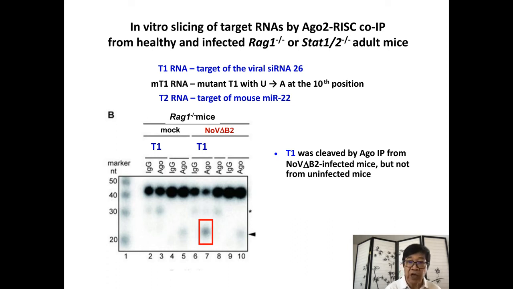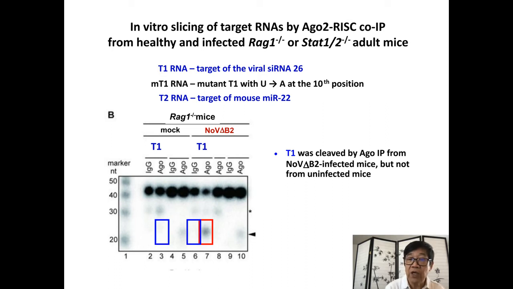Shown here is a PAGE analysis showing the detection of the cleavage product of T1 after incubating with AGO complexes prepared from the delta B2 virus infected RAG1 mice. So there is a very efficient cleavage.